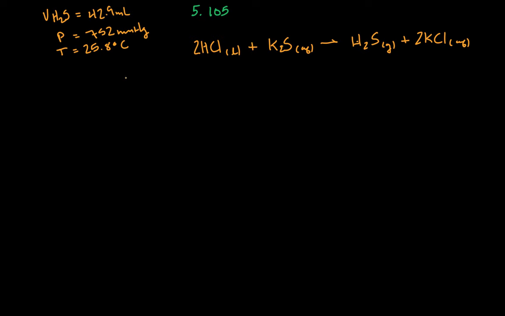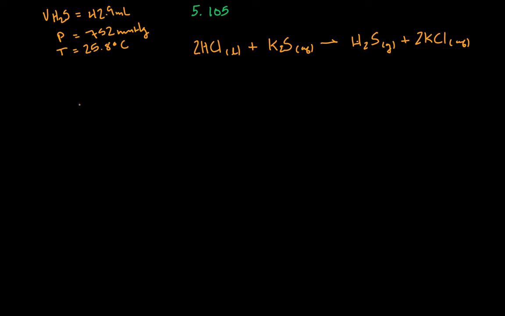Look at that. Now our first step is to find the moles of the H2S gas with the ideal gas law, and then use stoichiometric ratios to find the moles and the mass of potassium sulfide.